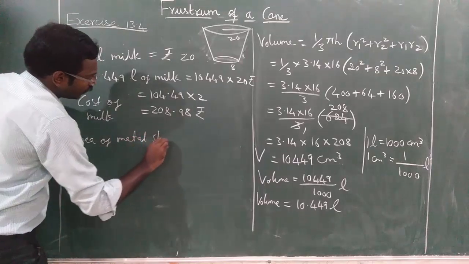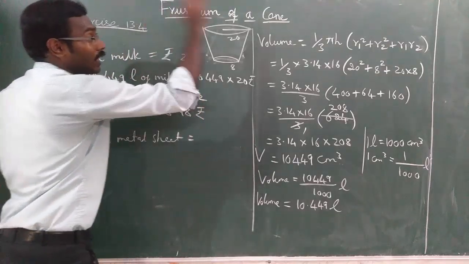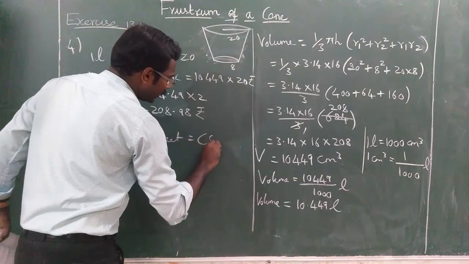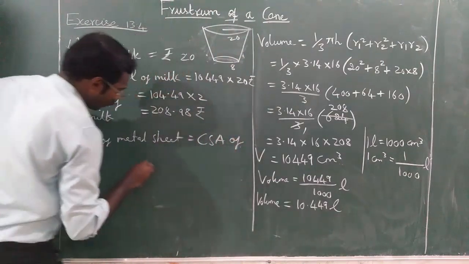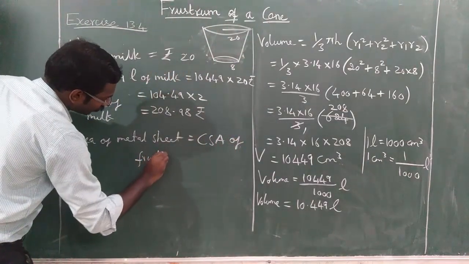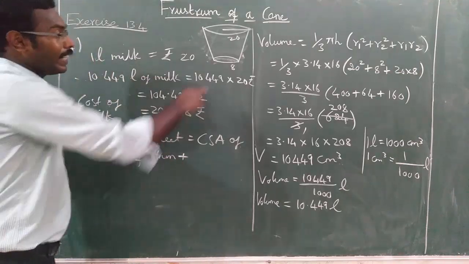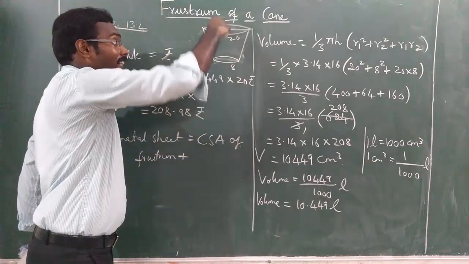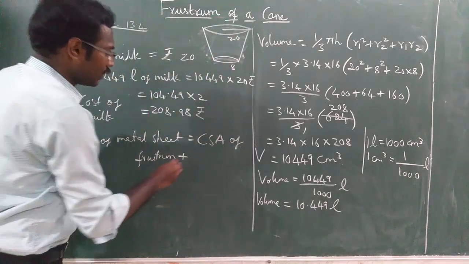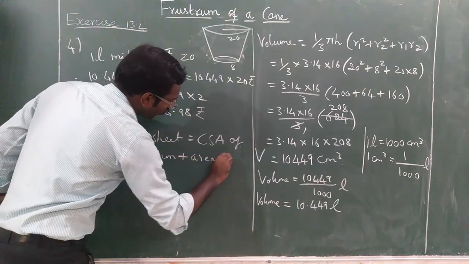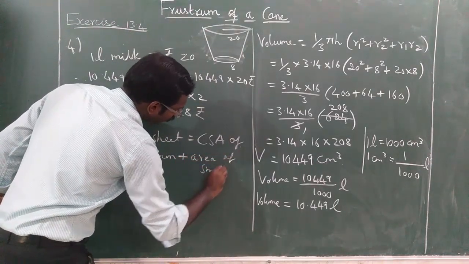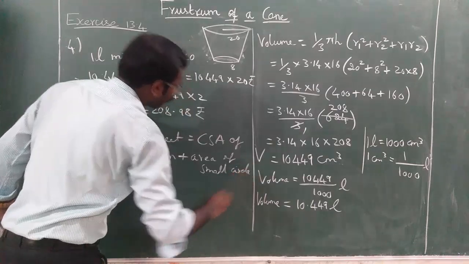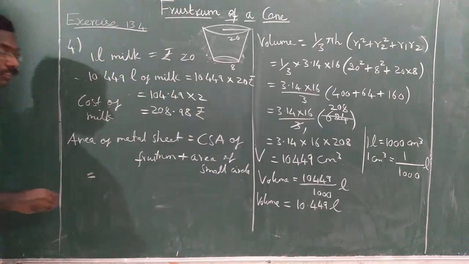metal sheet is equal to curved surface area CSA of frustum plus area of circle. Which circle? Big circle or small circle? Small circle. Area of small circle. Okay. So that is equal to CSA.